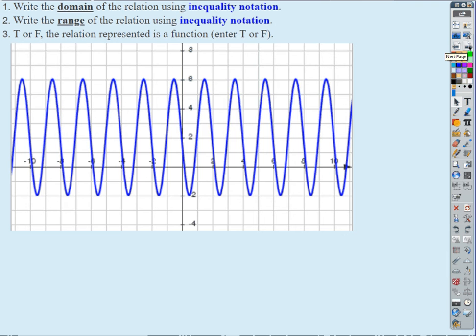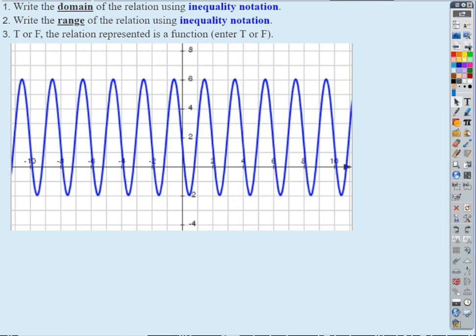Okay, so moving on to the continuous function graphs. So talk to me about this one. What's going on there with the domain? All reals, good. And why? Because it goes infinitely. It would keep going forever, wouldn't it? If we zoom out, this thing is going to keep going to the left and the right forever.